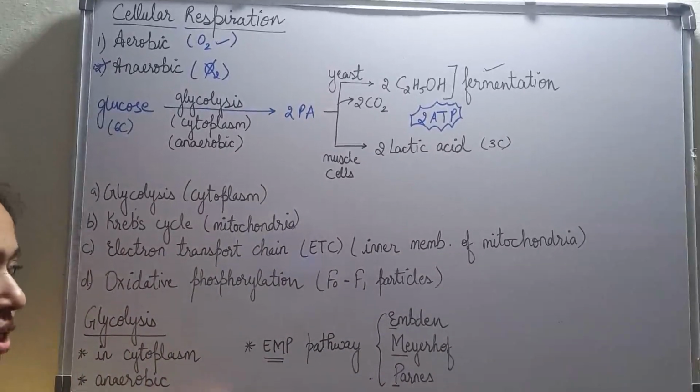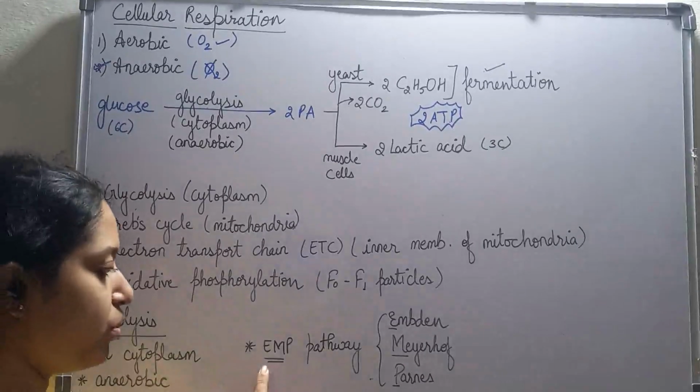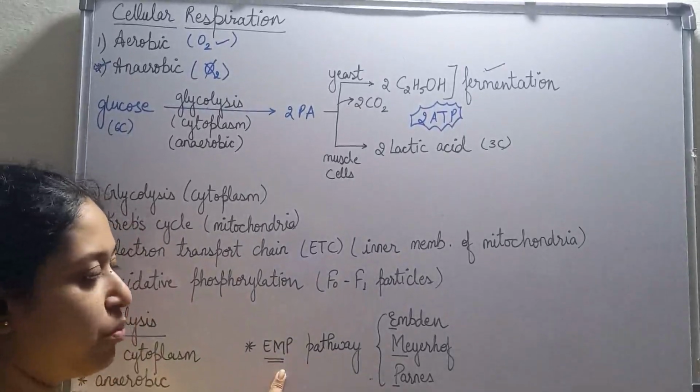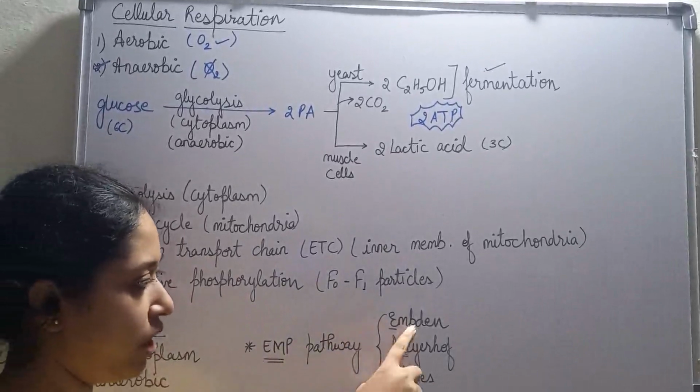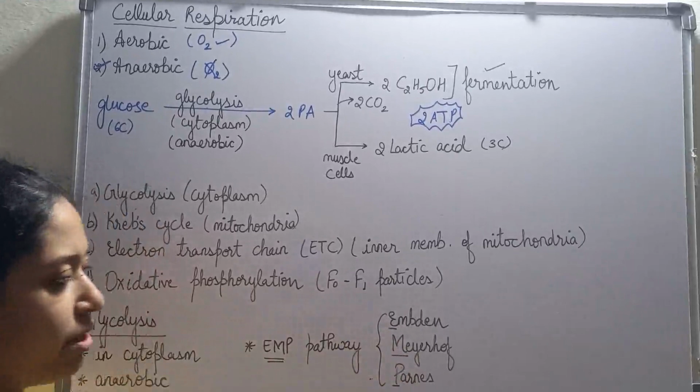So this name EMP is given after three scientists. E stands for Embden, M stands for Meyerhof and P stands for Parnas.